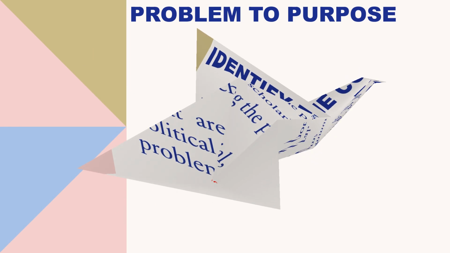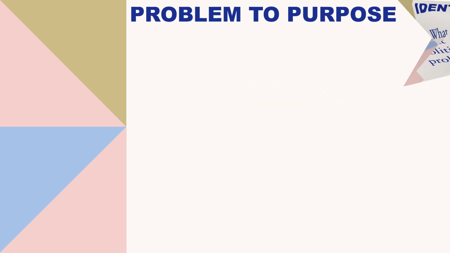Now, there is an important aspect that I'm introducing here, where you have your problem connected to the purpose of your research. This is very important because sometimes we find that the problem is hanging alone and we don't see the purpose.